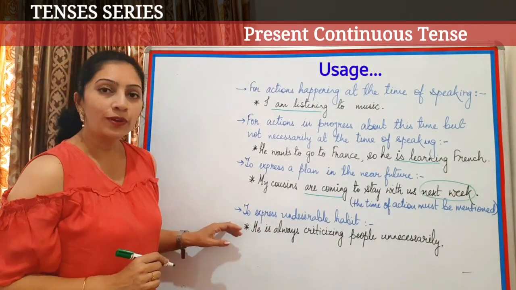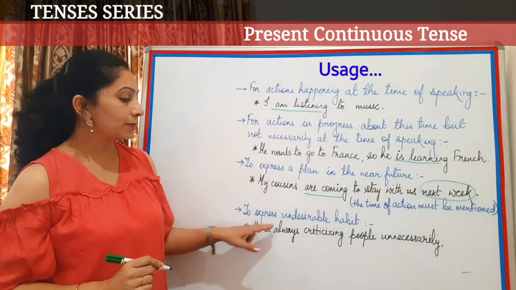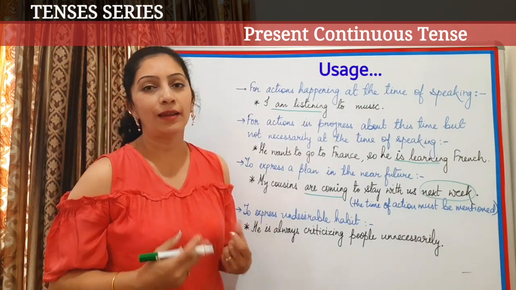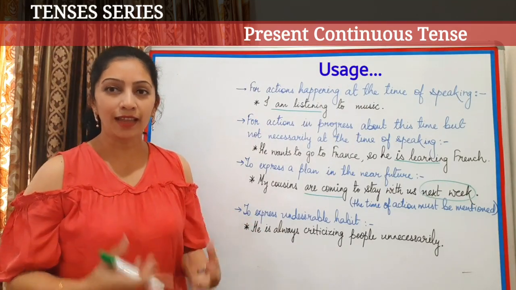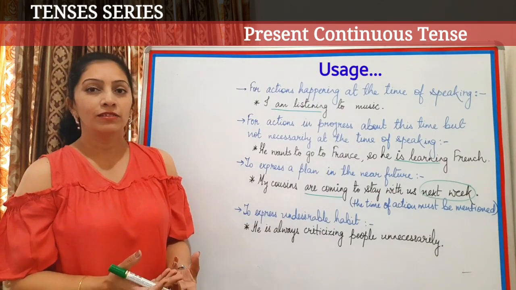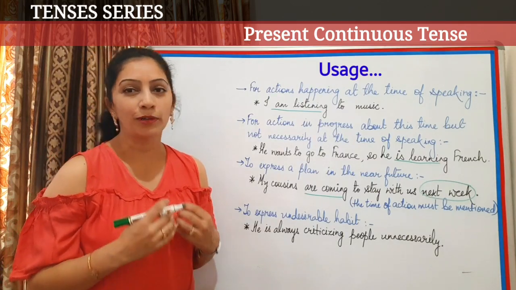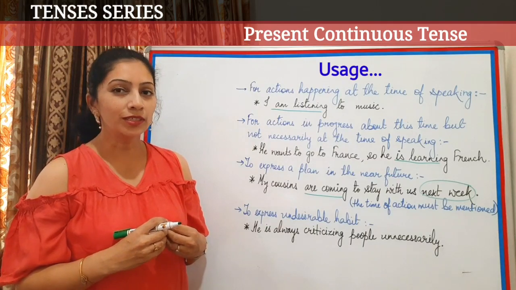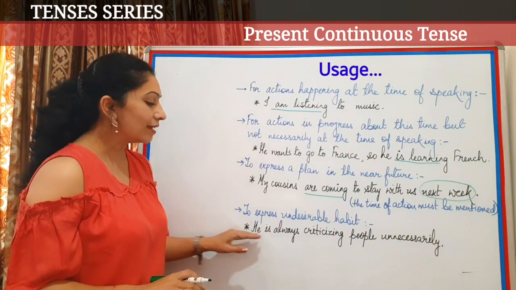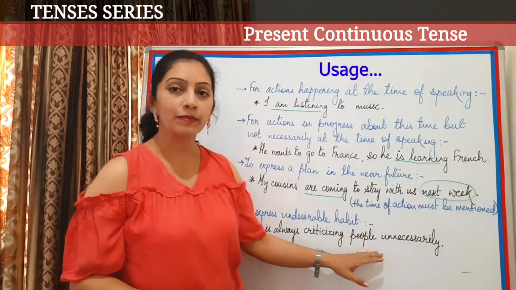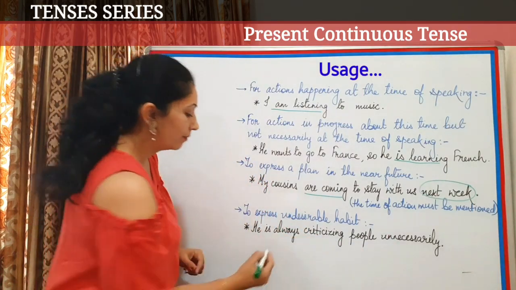The last of all the uses is to express an undesirable habit. What do you mean by undesirable habit? It is a habit which a person has which is not taken positively by others, not considered to be okay. He is always criticizing people unnecessarily.